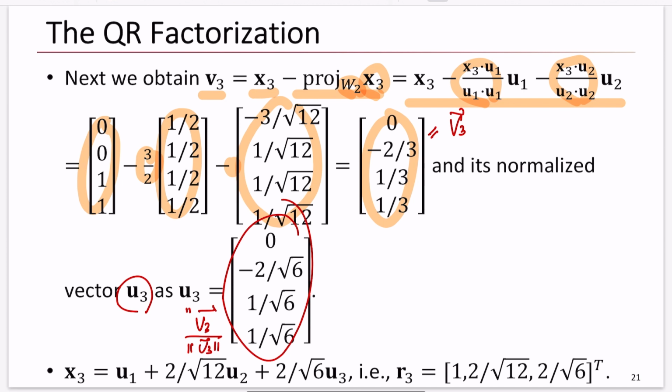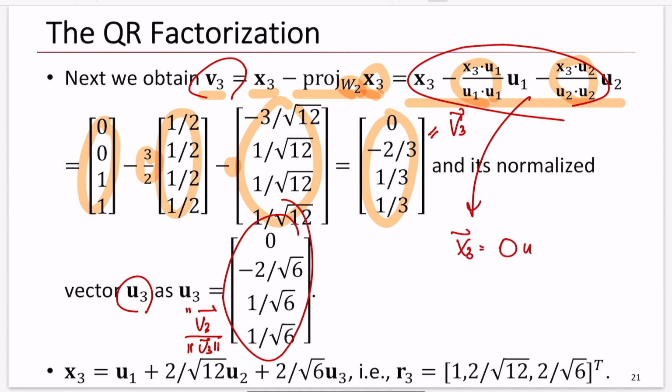This is u3. So based on this one and this one, we can represent x3 in terms of u1, u2, and u3. Please try it yourself. And finally, x3 can be represented by u1, u2, and u3. So r3 is going to be 1, 2 over square root of 12, 2 square root of 6, transpose.